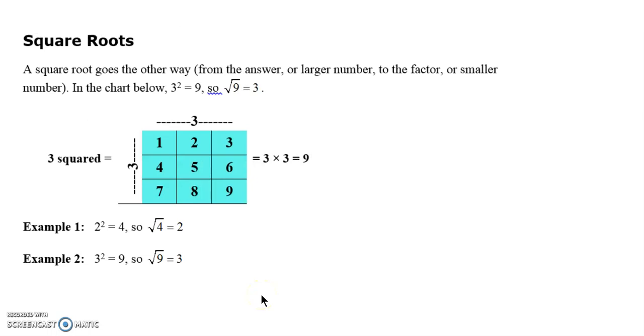The opposite of exponents is the square root. So that's where we're going backwards. We're going the other way from the answer down to the factor. So if we look at what we know about exponents, we know that 3 squared is equal to 9. 3 times 3 is 9. So therefore, if we go back down, the square root of 9 is 3. So we can do this with all sorts of numbers.